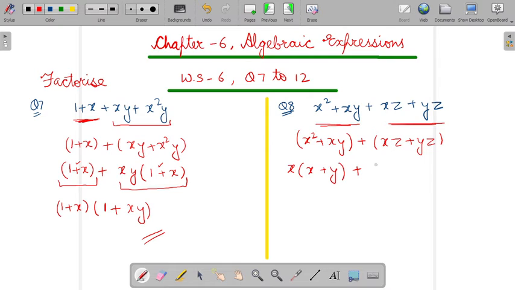So what is common? Z is common. So x plus y will be left out in the bracket. Now still it is not in the factorization form. Now see, x plus y is there in both of them. So we will take this x plus y common. And what is left now? This x plus this z. Now this is in the factorization form.